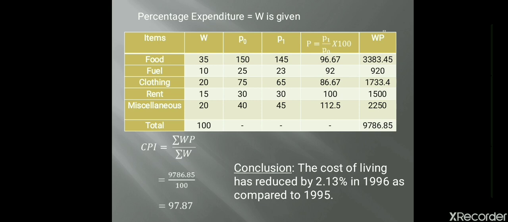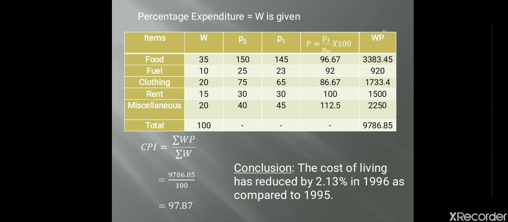Now, before substituting this value in the formula, we had to calculate what is the total of W column. And total of W column, nothing but percentage expenditure. That means expenditures given in percentage form should result in 100.